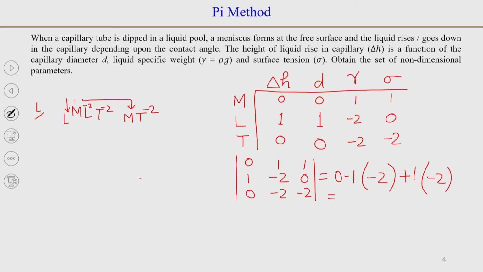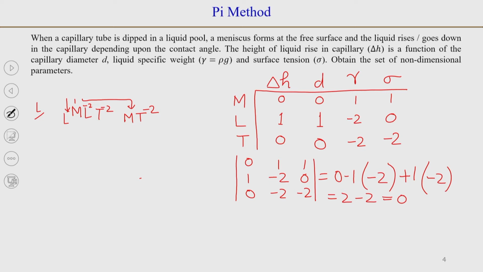So, this will come out to be 2 minus 2, which is equal to 0. So, this cannot be of rank 3.